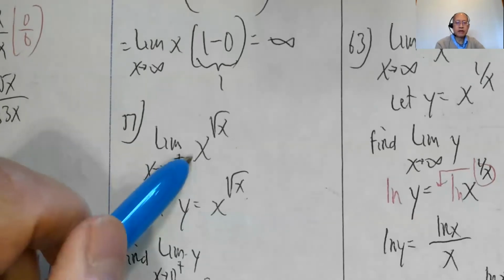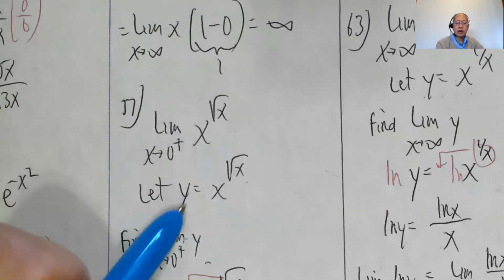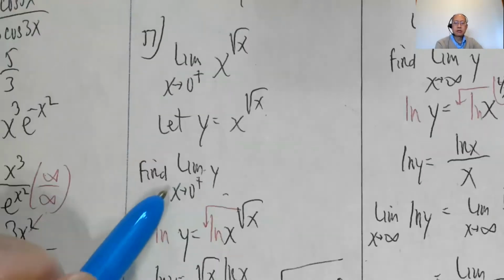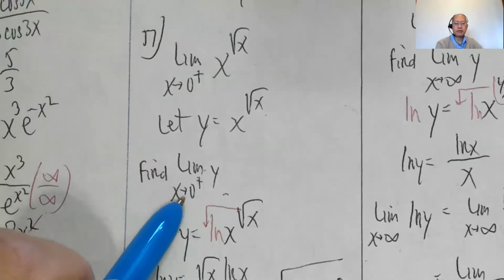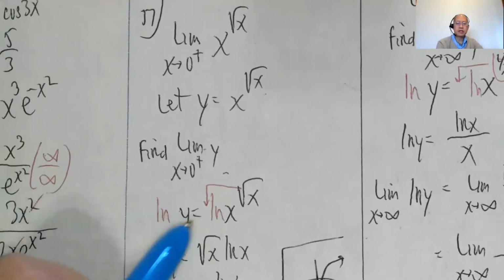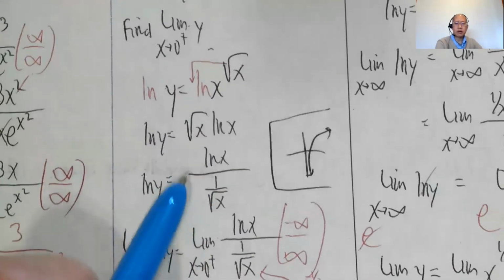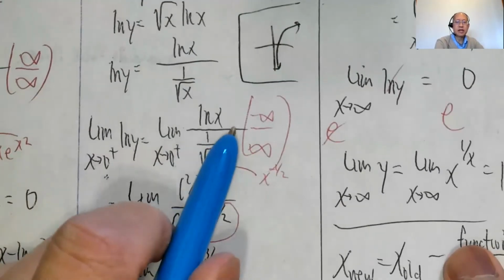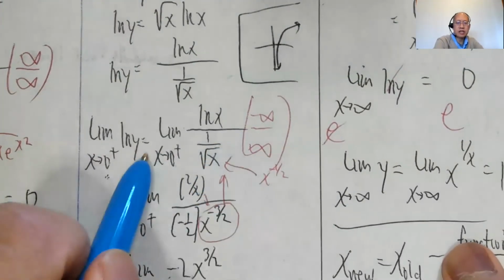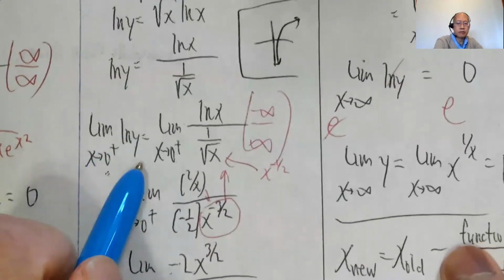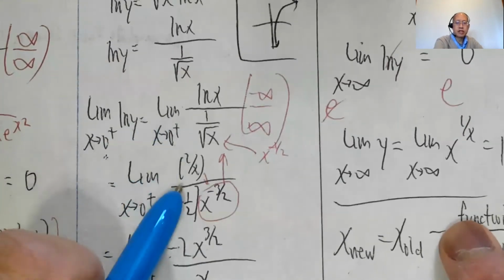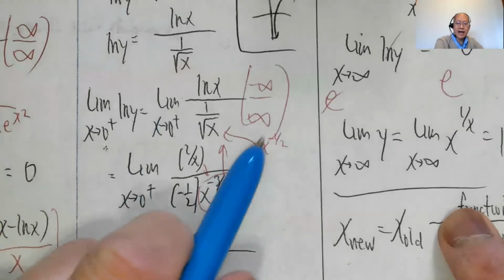Limit x approaches 0 from the right of x to the radical x. Again, call this y. So you're ultimately trying to find limit as x approaches 0 from the right of y. ln both sides here. Radical x comes down. What you're going to write is ln x over 1 divided by radical x. This is a negative infinity over positive infinity case. Take the limit as x approaches 0 from the right. So differentiate the top, 1 over x. Differentiate x to the negative half.